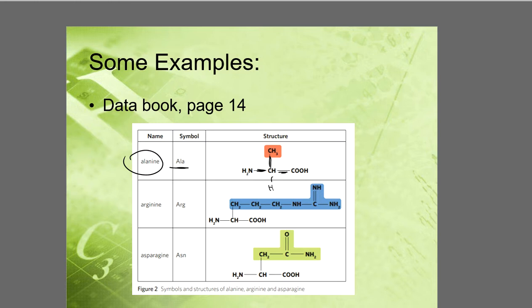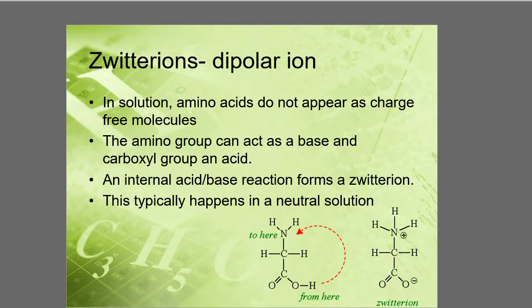But because of the presence of so much dipole within these molecules, because we've got this amine group and this carboxylic acid group, these amino groups and carboxylic acid groups behave as they normally would. They behave as a base and as an acid, because an amino group is a base and a carboxylic acid group is an acid.